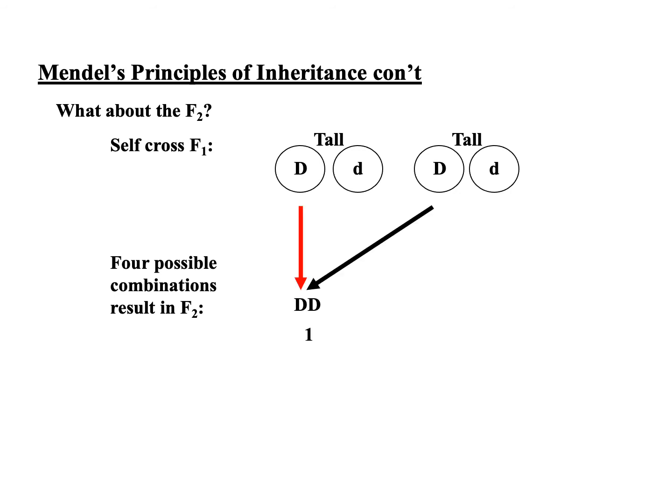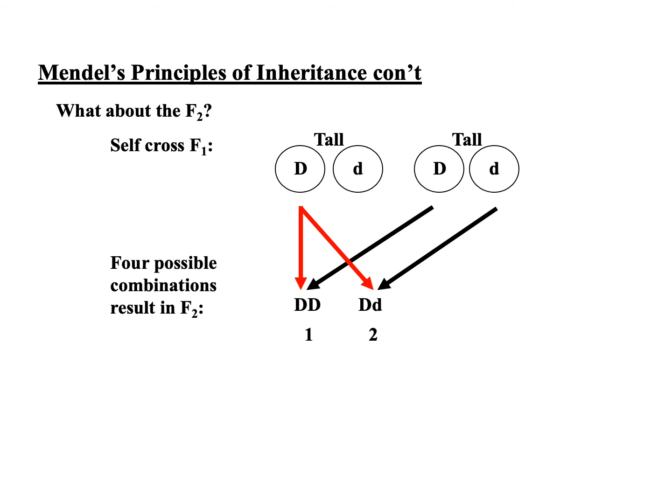Now what we can do is consider a cross between these 2 individuals. If the gamete that contained the tall instructions from the first plant came together in a fertilization event with the gamete that contained the tall instructions from the second plant, the offspring that would result would be homozygous for the tall trait, or homozygous dominant.